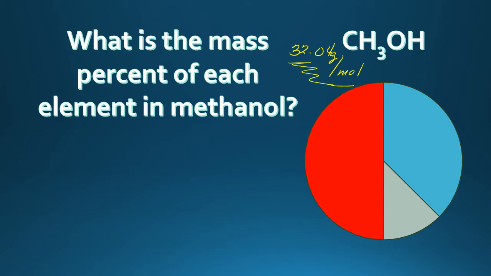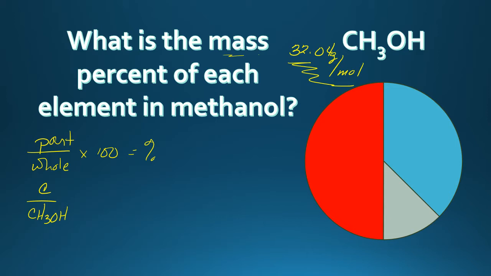Okay, now the mass percent of each element. Just like before, we had the part, the number of students I surveyed, divided by the whole, which was 82, multiplied times 100. That got me my percent. In this case, let's start with carbon. I'm interested in carbon over methanol. Because I want mass percent, the mass of how many carbons in the compound?